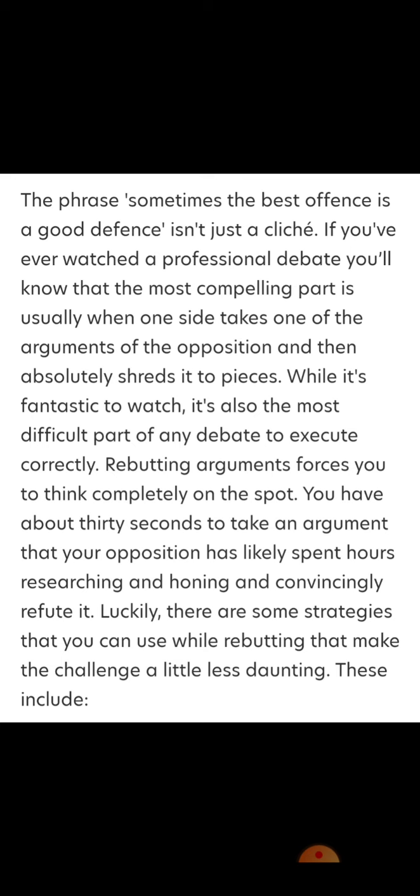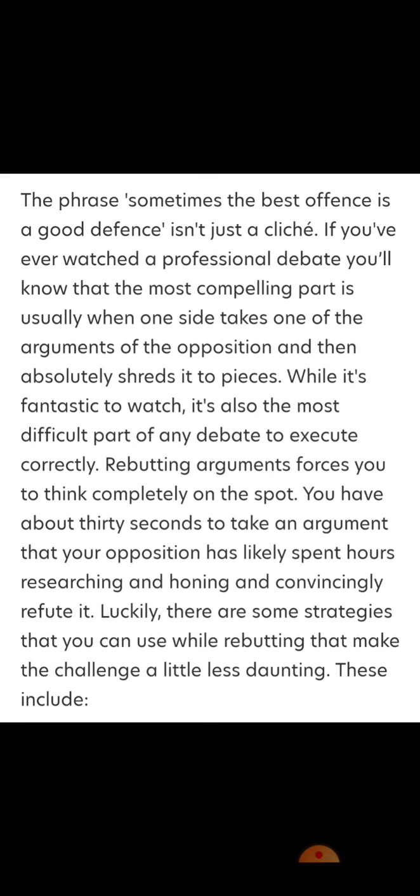Children, it's however a very difficult part also in debating, because the rebutting session forces you to think on the spot, because it's kind of extempore, and in an extempore kind of thing you have to be very much on the spot.